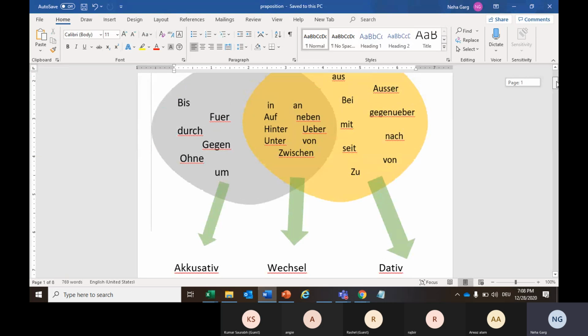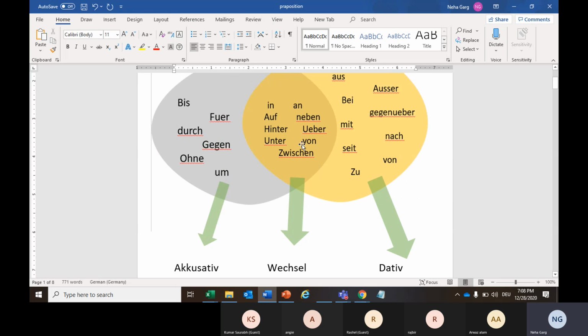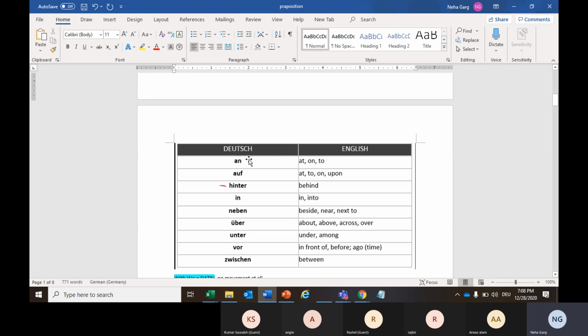Basically, most of the time these vexel prepositions are also known as local prepositions, where when you have to tell someone's location or position, then majorly we use these prepositions. Wie zum Beispiel, for example, an. An is one of the vexel prepositions that means at, on, or to something.